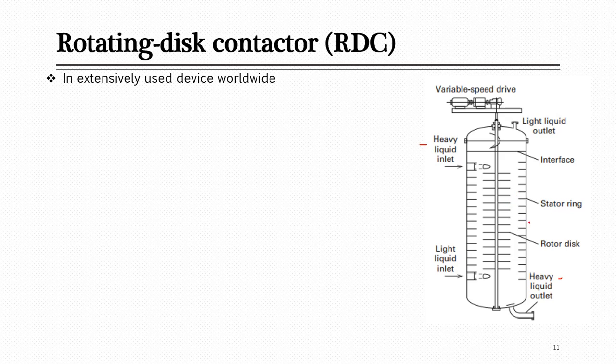Why do we need them? When you start agitating the liquid, if you don't have these rings on the sides, liquid will escape along this path, and some liquid will not come in contact with the rotor, so mass transfer reduces. When you install these stator rings, the escape area is reduced.